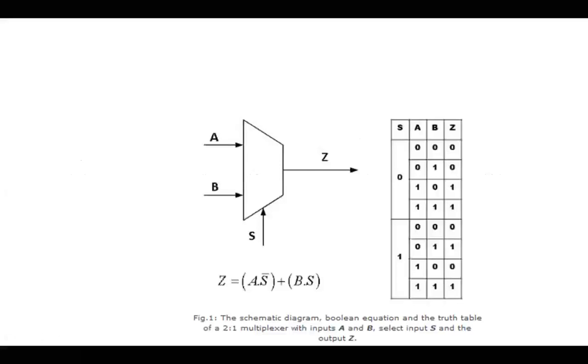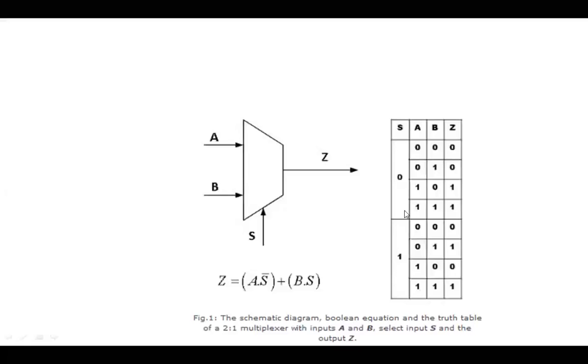Now look at this functionality here. I have two inputs A and B, and my select line, and my output is Z. So AB is my input, S is my select line.